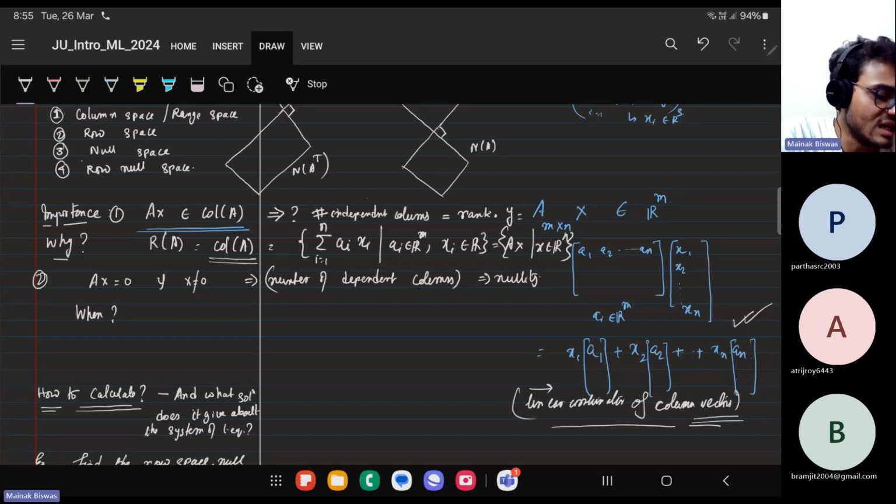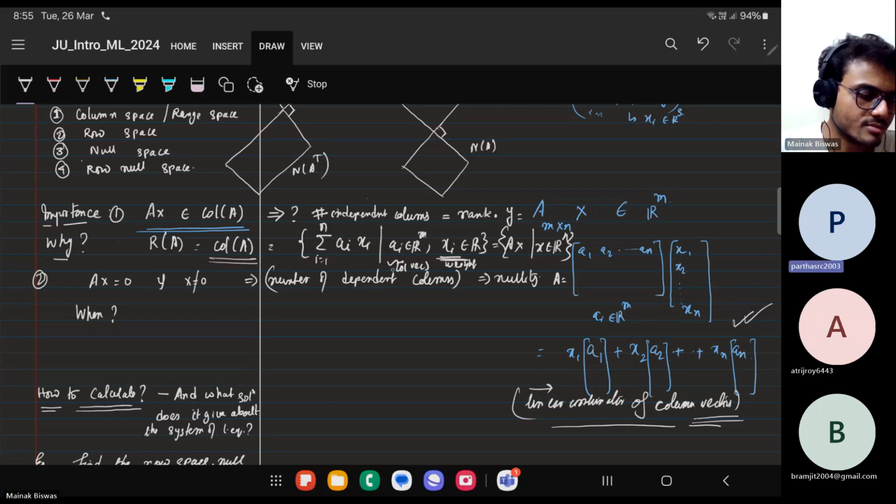This is just a way of writing linear combinations of the columns. These are the weight vectors, and these are your column vectors. Yes or no?